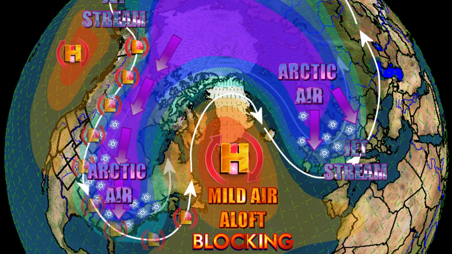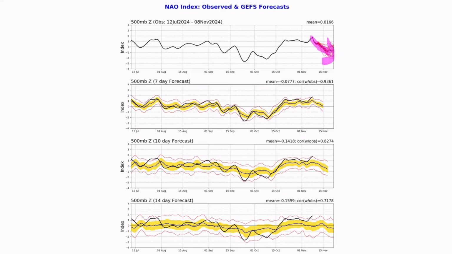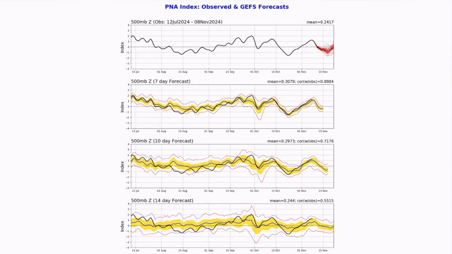If that coincides with an increase in storminess and moisture, then we could potentially get some major snowstorms out of this. So this teleconnection is one that we certainly keep our eye on. Again, it's called the North Atlantic Oscillation, and it's trending downward towards the negative side, and that will continue doing so over the next couple of weeks.